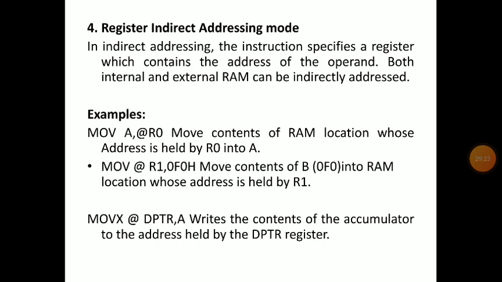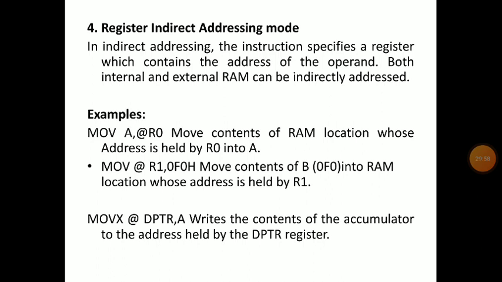Second example is MOV @R1, 0F0H. That is, move the contents of B. The B register address is F0, 0F0. If you can remember from the SFR registers and general purpose registers addressing, we have a table which shows the address of each of those registers.